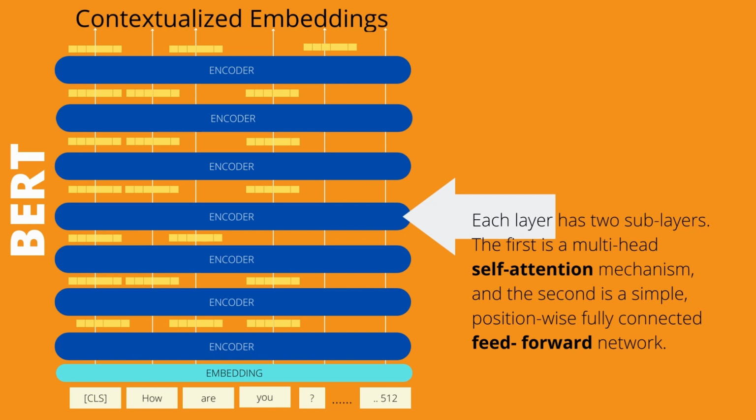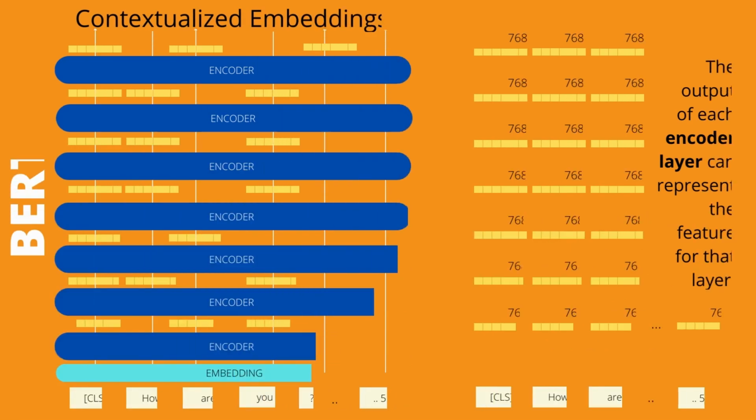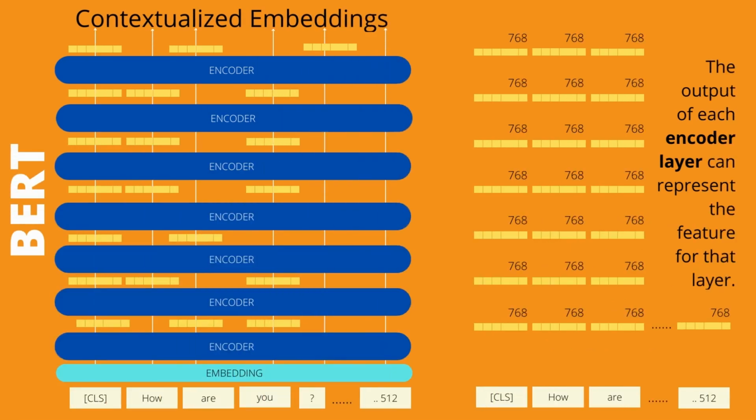Maybe you remember this beautiful research paper, Attention Is All You Need. And the second, within those blue layers, is a simple position-wise fully connected feed-forward network. And then you have this stacked 12 times, or 24 times if you use the BERT large model. Each encoder has an output, and those are the little yellow boxes you can see for each word.